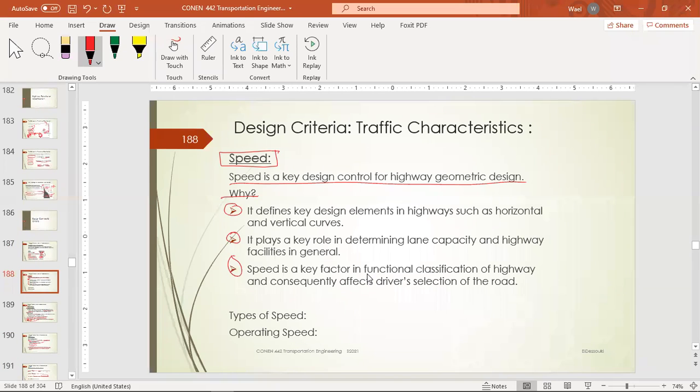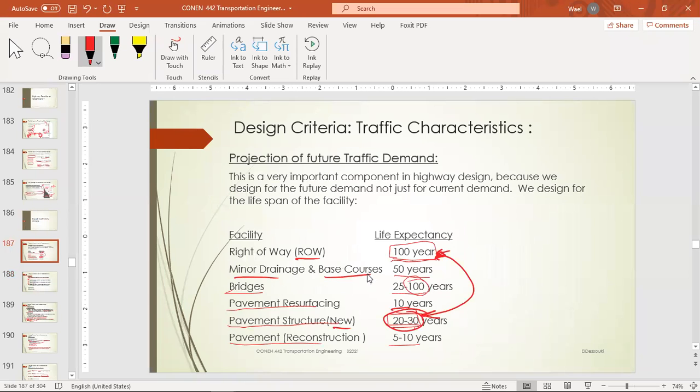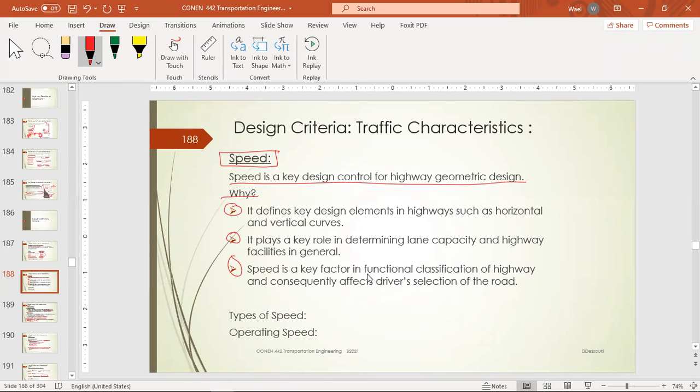Okay, so that was the first criterion, the projection of future traffic demand, or the planning year. The other criterion is basically speed. Speed is a key design control for highway geometric design. As we discussed in the horizontal curve design, the design speed, the speed on the highway, was a critical design factor.